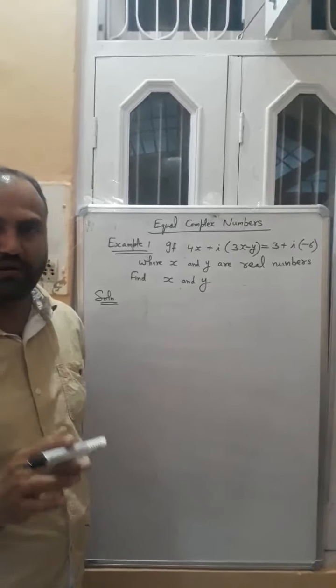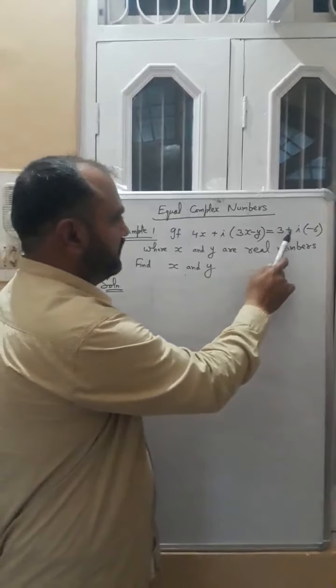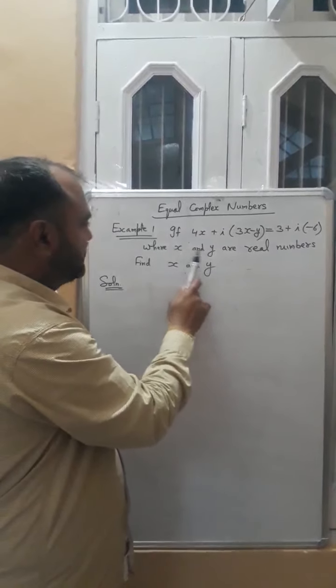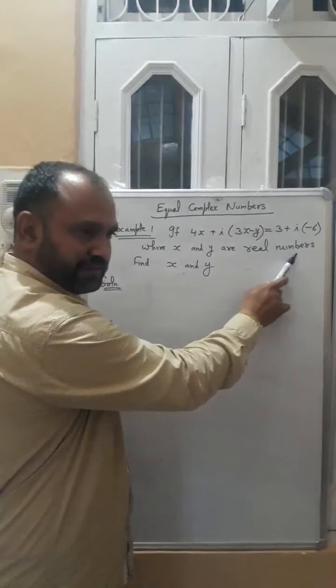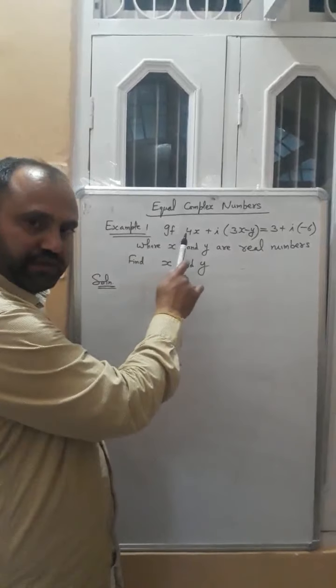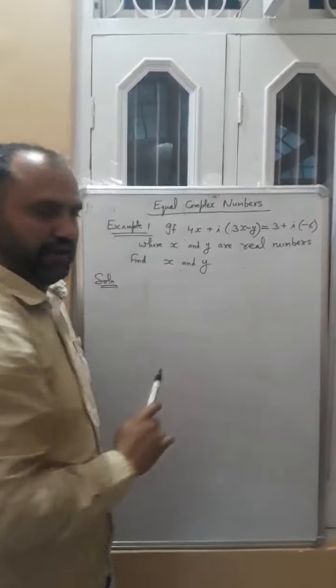The example is, if 4x plus iota 3x minus y is equal to 3 plus iota into minus 6, where x and y are real numbers, you have to find the values of x and y. Now it is understood in the question that this complex number is equal to this complex number.